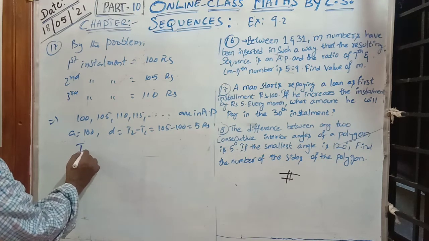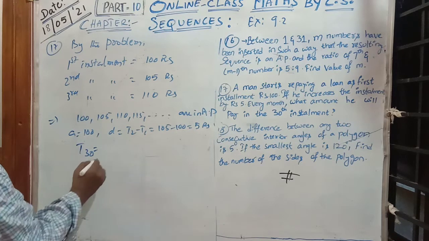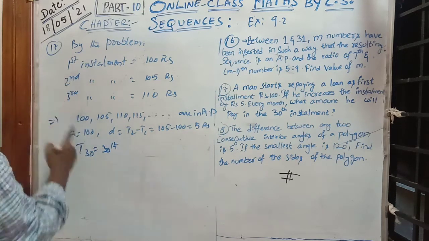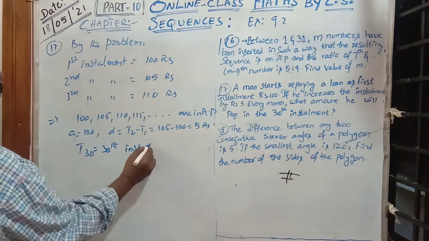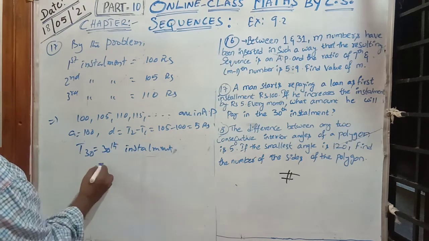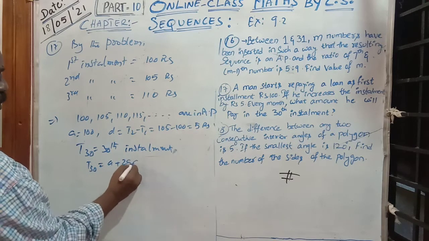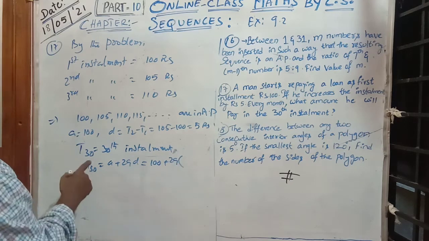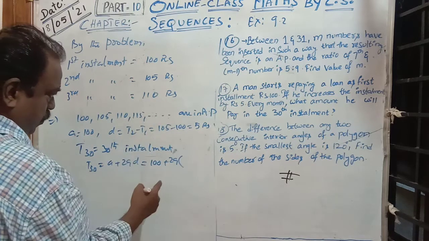Then we need to find the 30th installment. T30 means 30th installment: first, second, third, like that. What is T30? T30 means A plus 29 D. A is 100, 29, and D is 5.